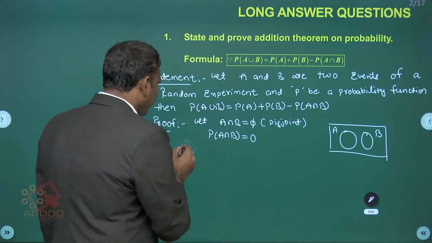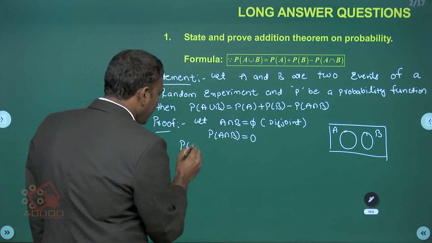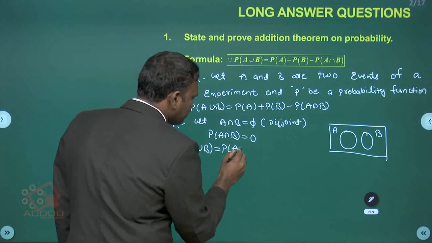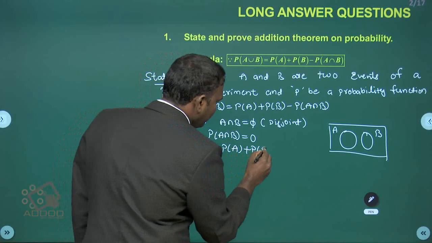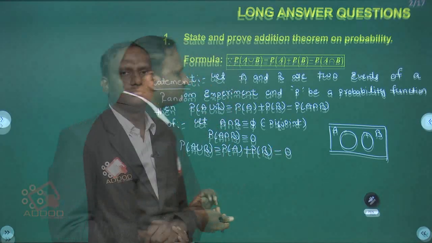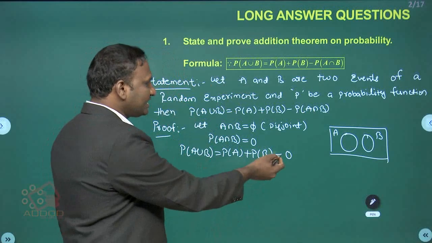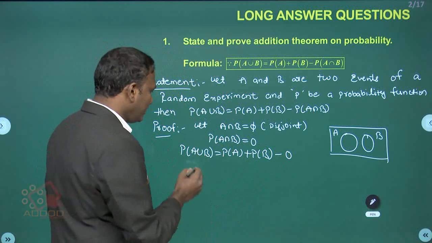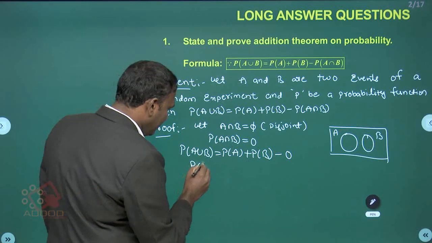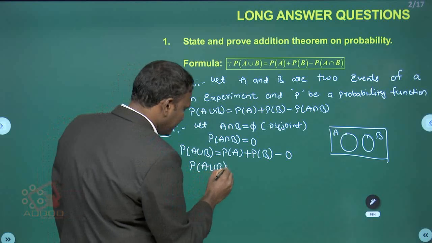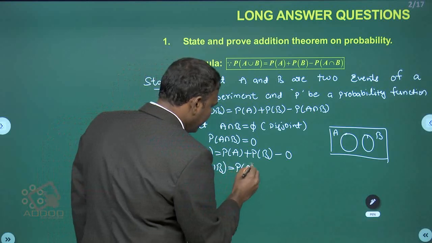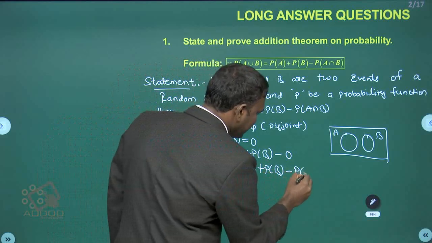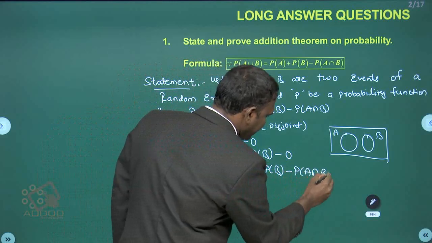So now P of A union B becomes P of A plus P of B minus 0. Instead of 0, we can replace it with P of A intersection B. So P of A union B is equal to P of A plus P of B minus P of A intersection B.